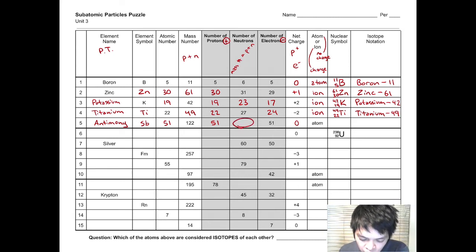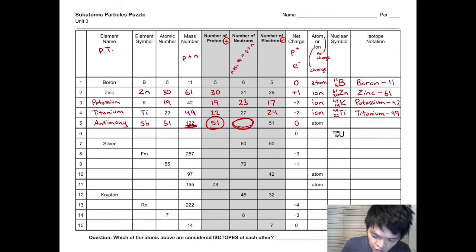Oh, we have the mass number. I'm thinking about mass number immediately because I know that neutrons and protons contribute to the mass number. So 51 plus something equals 122. What does that number have to be? Well, we can just do 122 minus 51. So I'm going to go ahead and do that real quick. 122 minus 51.